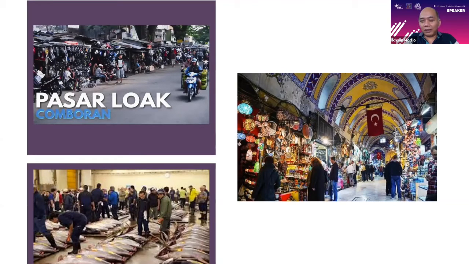I don't know whether Indonesians are still not allowed to go there, but it is a very old market as well, I think from the 16th century. They already opened this Grand Bazaar then, and it is one of the city icons in Istanbul. So it's a market as well.